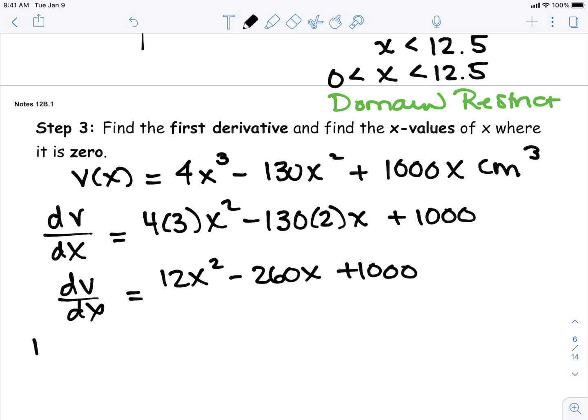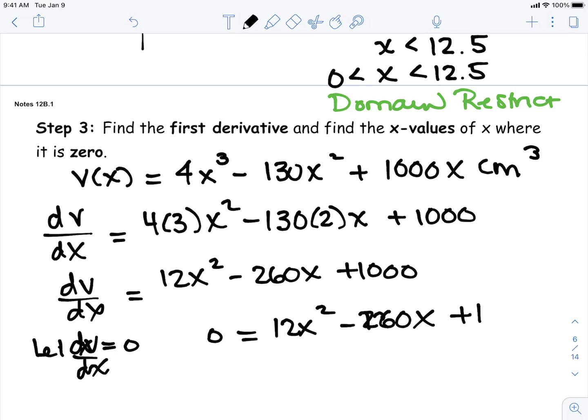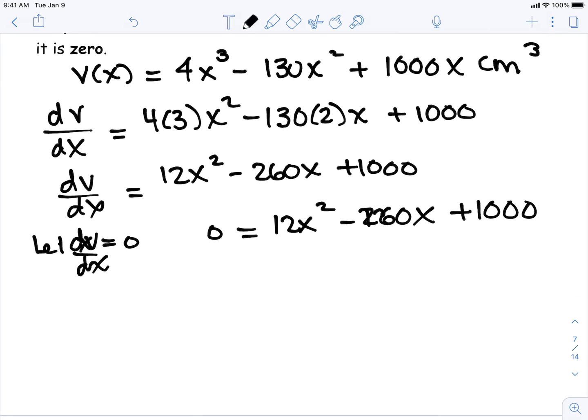So we would let dV/dx equal 0, and we would solve this for x.